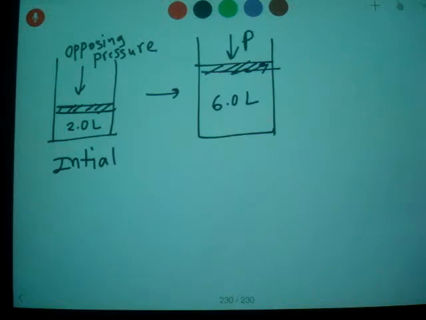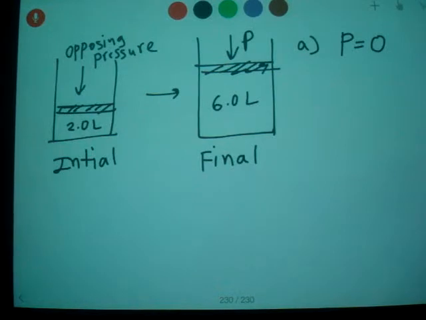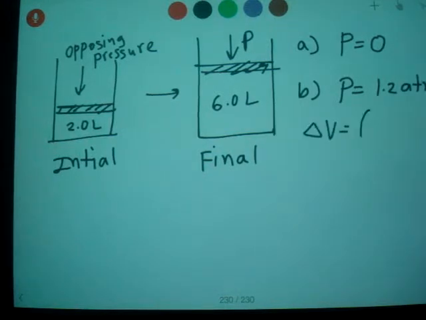And then the pressure, that's the final. For A, we have vacuum, so P equals 0. We need to find the work for A. For B, pressure is 1.2 atmosphere. So when you find delta V, which is 6 minus 2 liter, that is 4.0 liter. Alright.